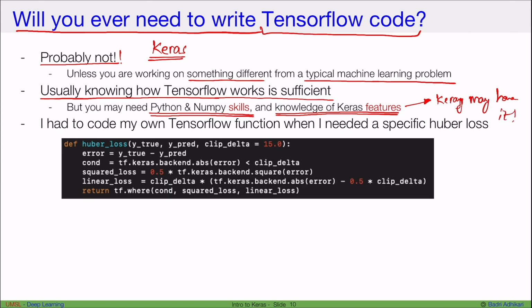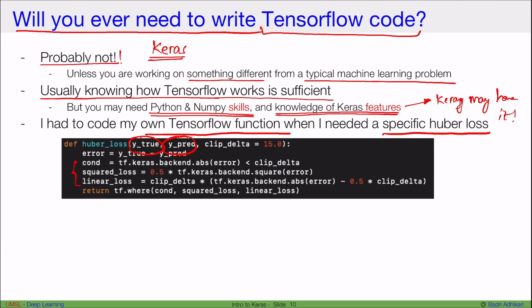One example is in my research, I had to code my own TensorFlow function when I needed a specific Huber loss. I wanted to calculate the loss between y_true and y_pred in a very specific way. And that's when the existing Keras functions were not sufficient for me.